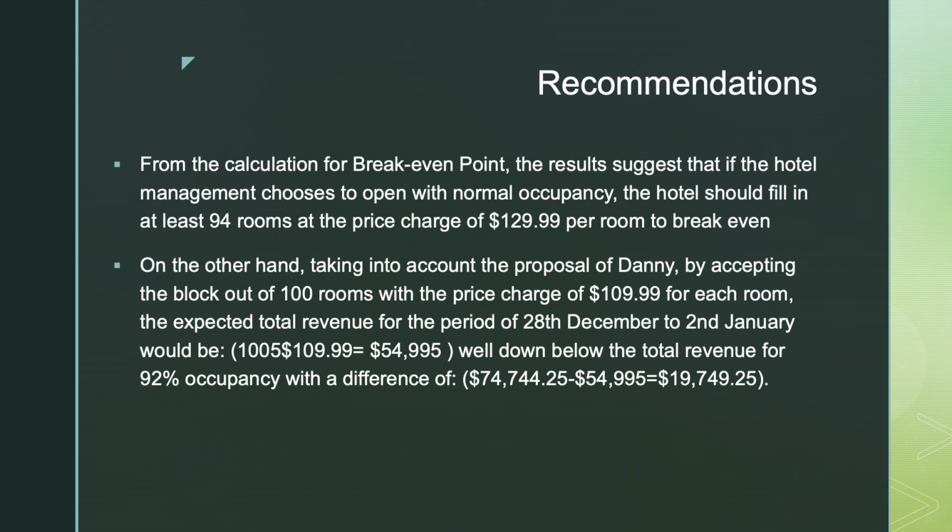Well down below the total revenue for 92% occupancy, with a difference calculated as $74,744 minus $54,995, which is $19,749.